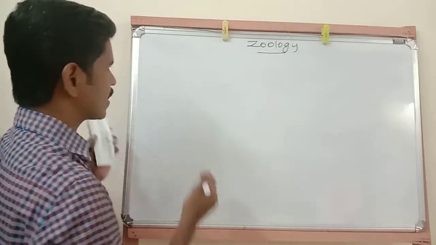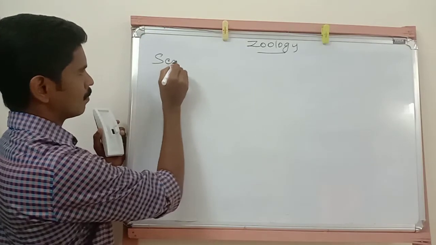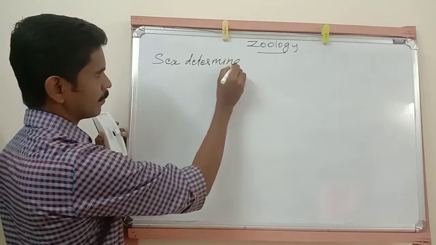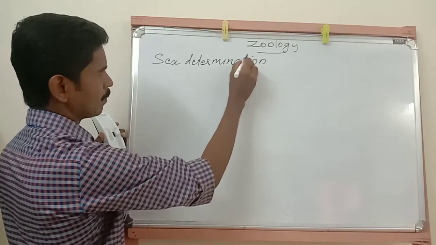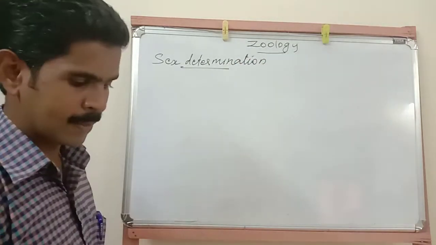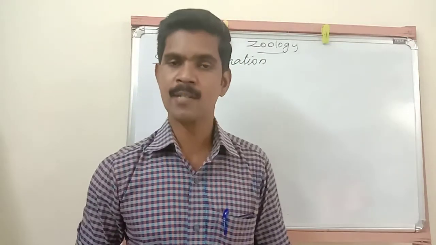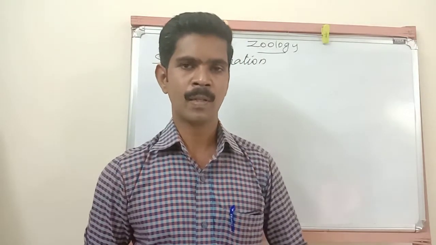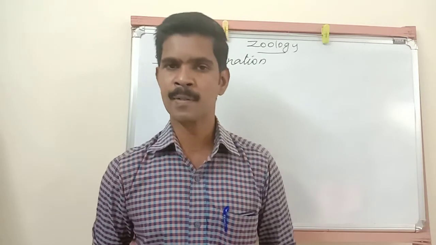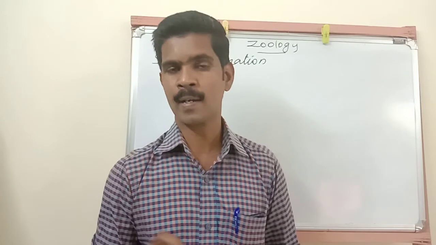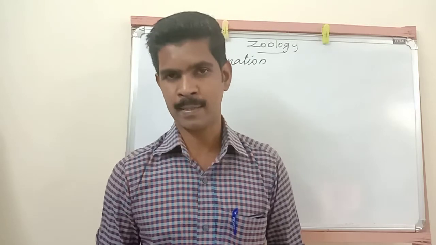The next topic is sex determination. You all know our body cells consist of 46 chromosomes, arranged in 23 pairs.